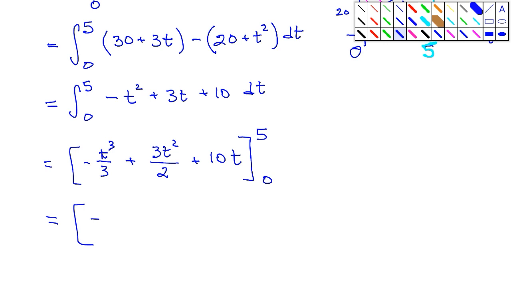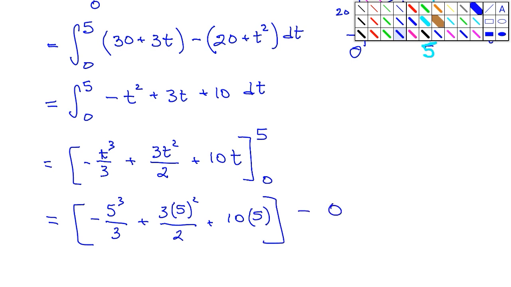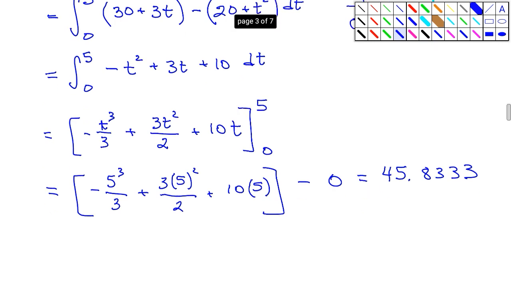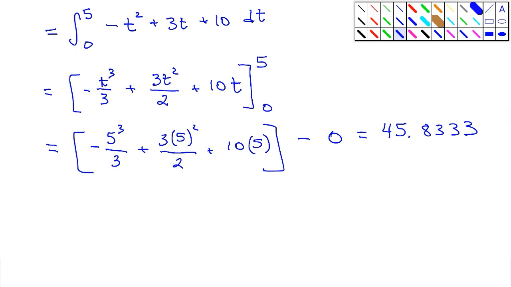And that would be negative 5 cubed over 3 plus 3 times 5 squared over 2 plus 10 times 5 minus 0, which is equal to 45.833333, etc. And this was in hundreds, so we're going to multiply that by 100.